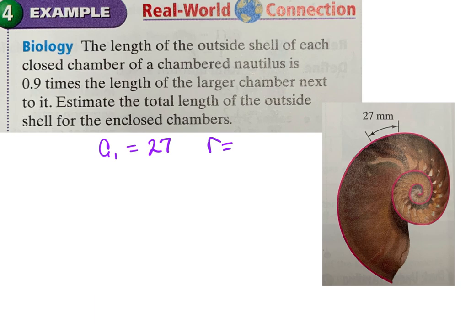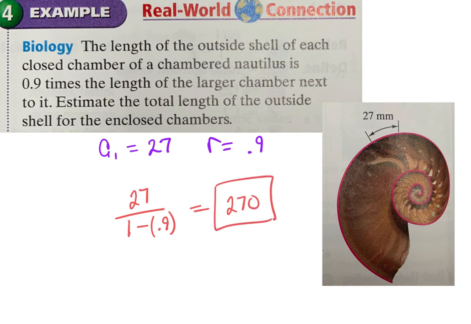So that means it converges, and it is 0.9. So if I want to calculate this, I literally just have to take my first term over 1 minus my r, and I'm going to get this. That's the summation for that.